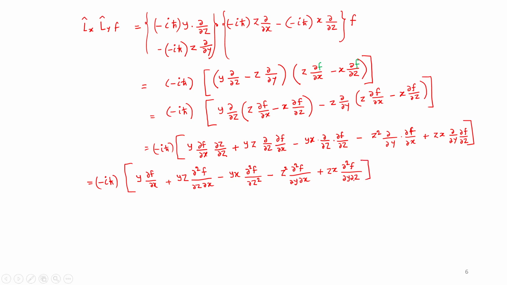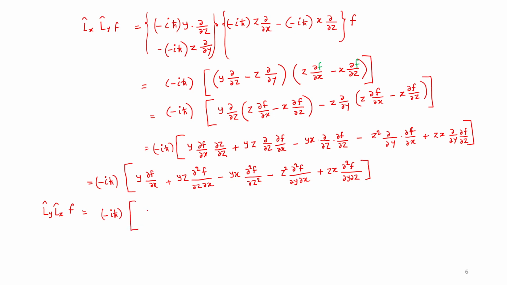So we need to get the same thing for Ly, Lx operating on f, right? Let's see what we will get. I will start from the second step. iħ squared, let me take common.